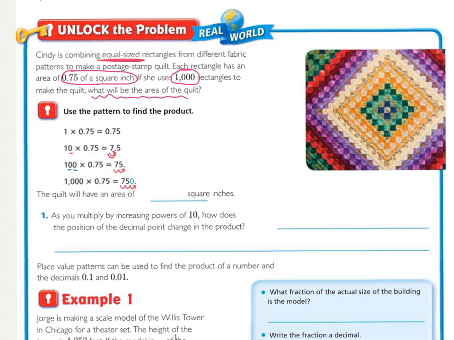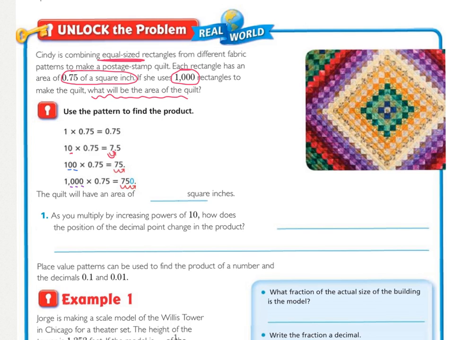And then with 1,000, you have 1,000 times 75 hundredths, and there's 3 zeros, 1, 2, 3, so we have to move the decimal 3 places.